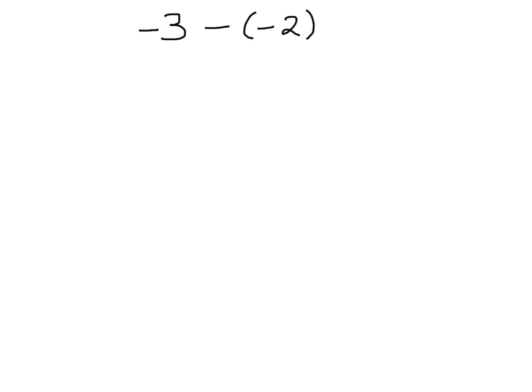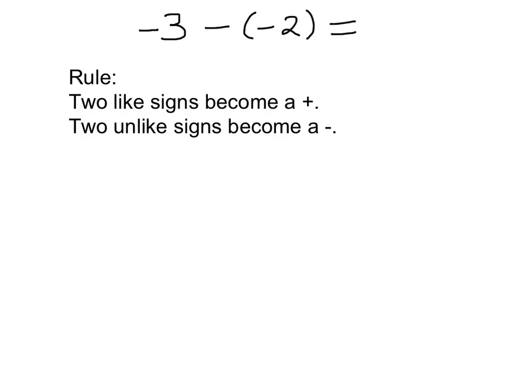Now, this sum here isn't as easily worked out directly from the number line. So luckily, we have a simple little rule that you can follow and that will allow you to do this sum simply. And the rule is as follows. The rule says that when you have two like signs coming together, it will overall become a plus.